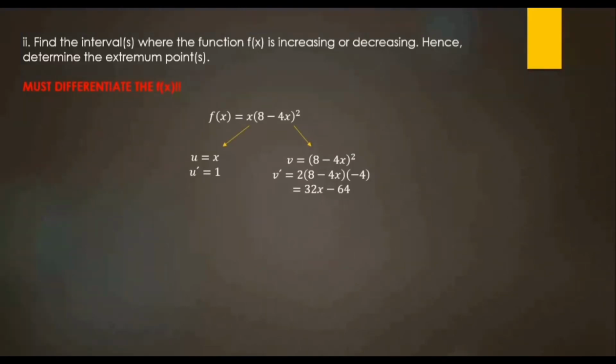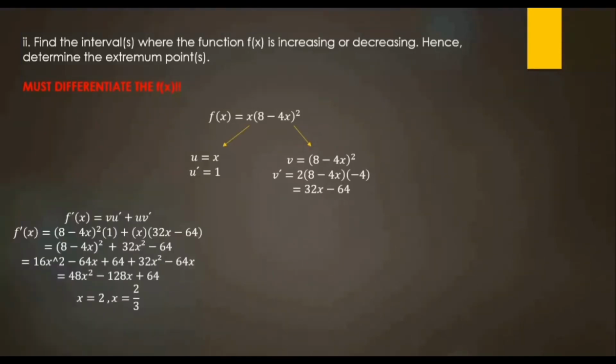Firstly, we bring the power 2 to the front. Then we copy down 8 minus 4x. Then we differentiate 8 minus 4x and we will get negative 4. Therefore, we will get v prime equals 32x minus 64. Now, we use the equation f prime of x equals v u prime plus u v prime.